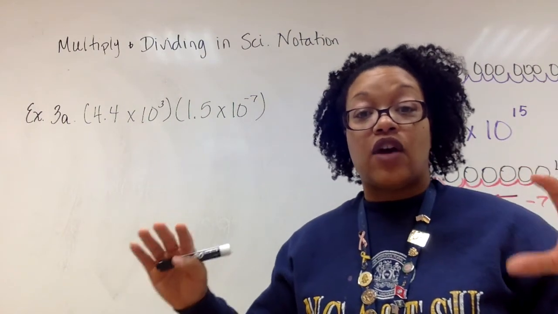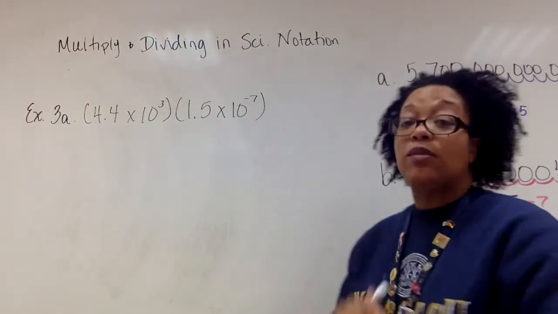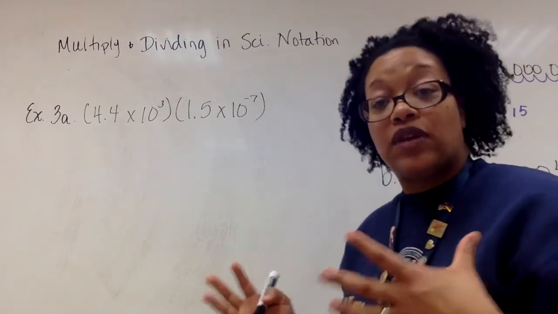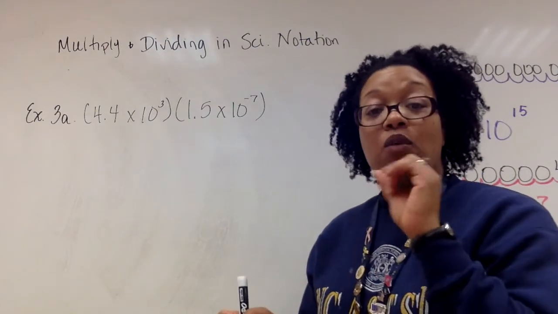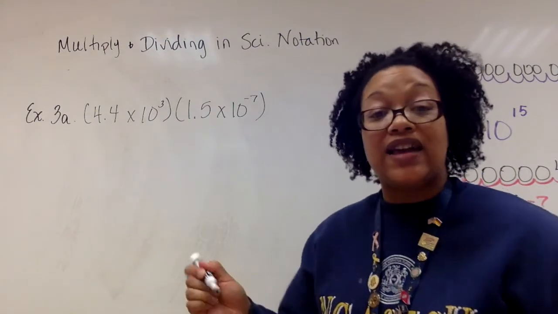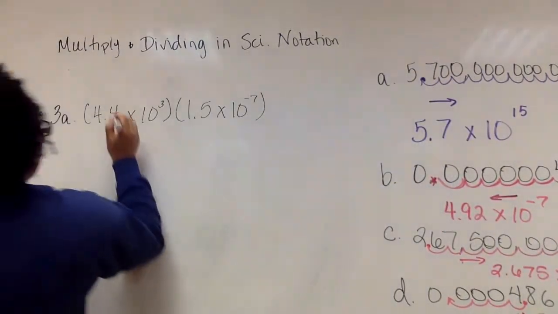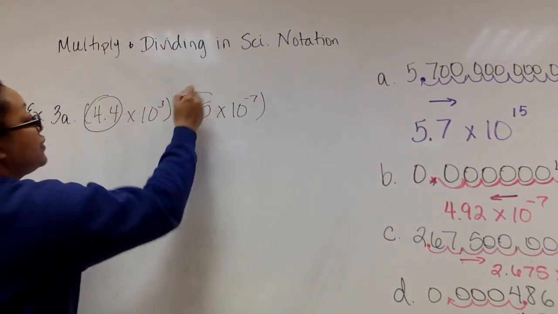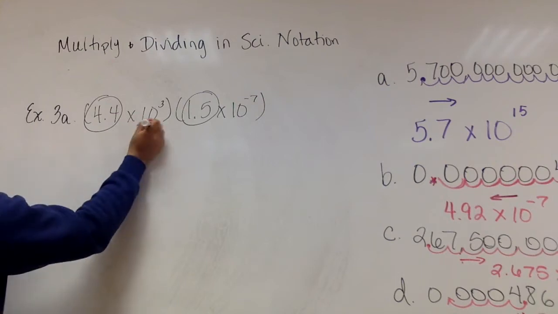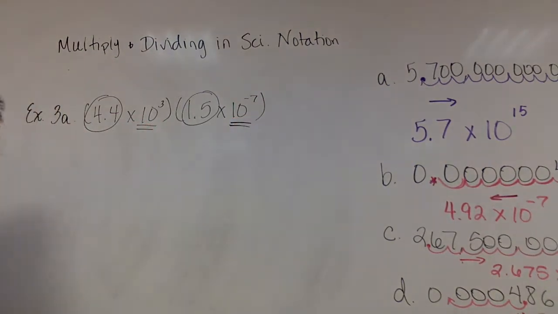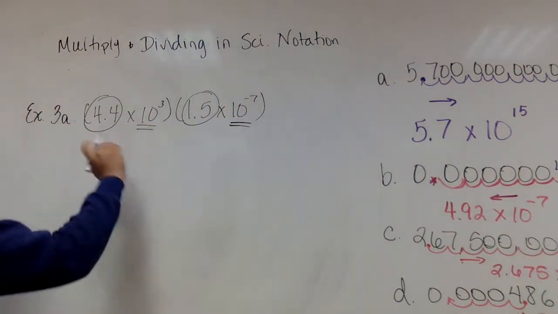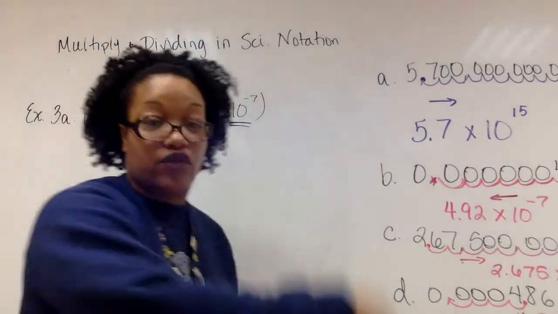All right? So, as you can see, we are multiplying these two numbers that are written in scientific notation. What I want you to do is combine the C's. So this C is 4.4, this C is 1.5, and we're going to combine our exponents. If I'm multiplying, that means I'm multiplying everything.